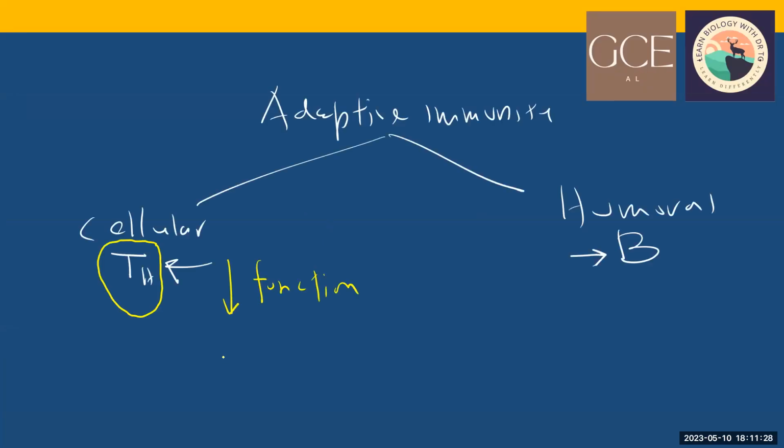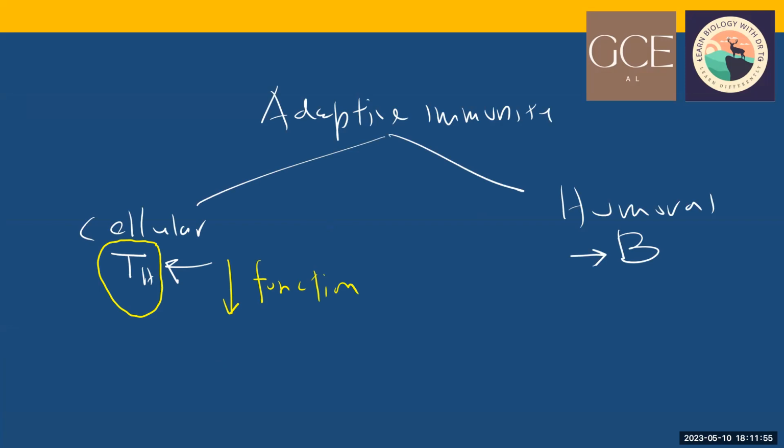Now here, which cell can kill another cell? We learned that phagocytic cells are the main cells, and they can kill other cells. Now I'm going to introduce you to another cell.